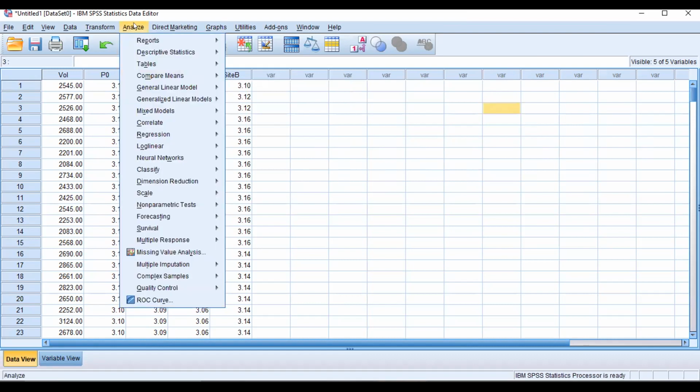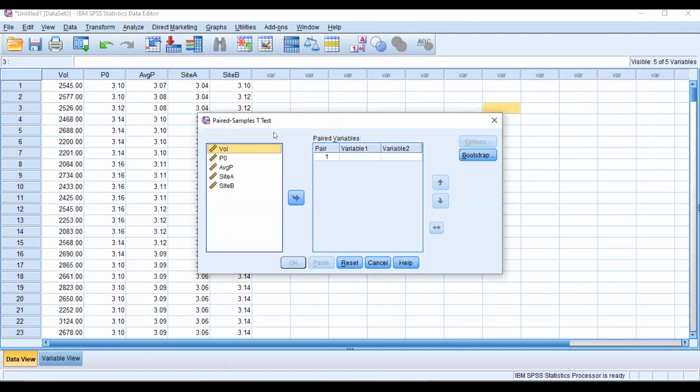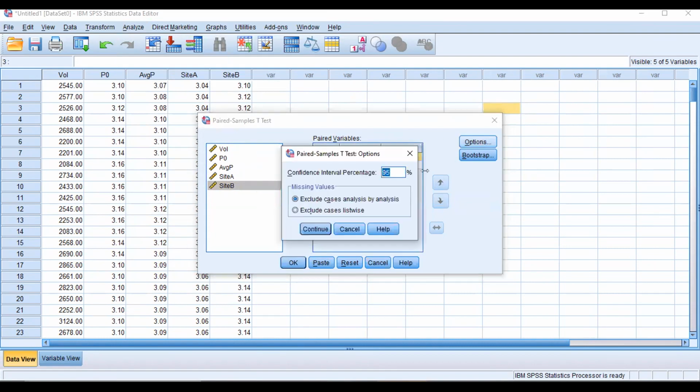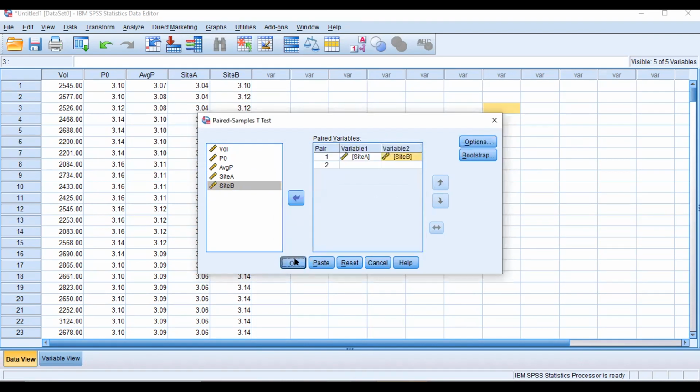So we will use the paired sample t-test. We drag the site A variable and the site B variable. As per our requirement, if we are taking another pair, we can do it. In options, we keep 95%, then continue and OK.